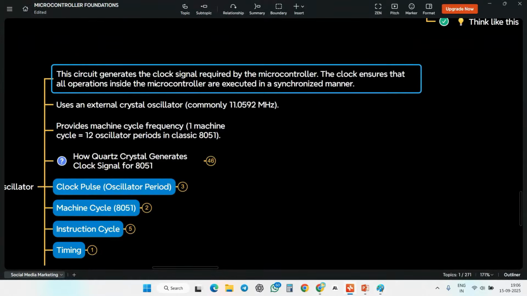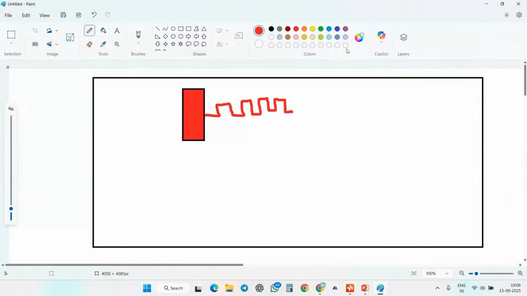Inside the microcontroller, the processor executes in a synchronized manner. Previously we discussed this, guys. Consider this your processor. This processor processes instructions. What is meant by an instruction?